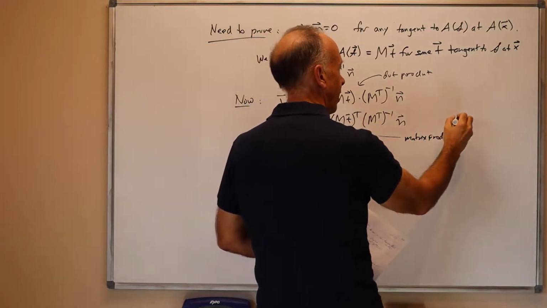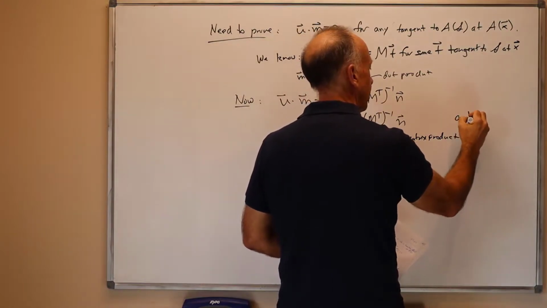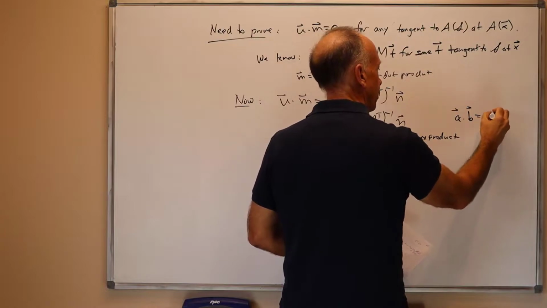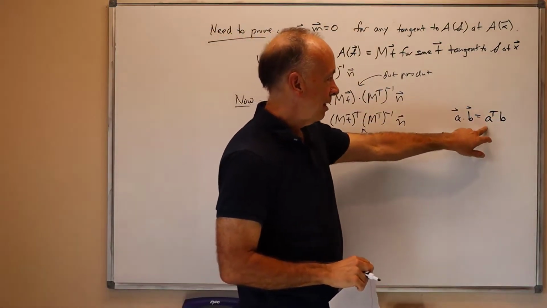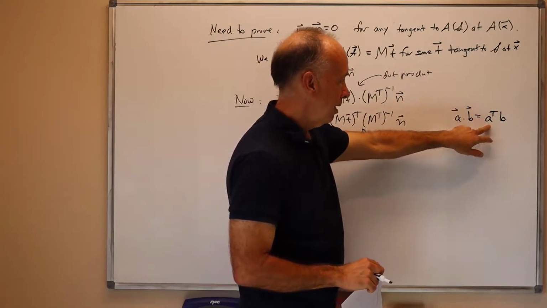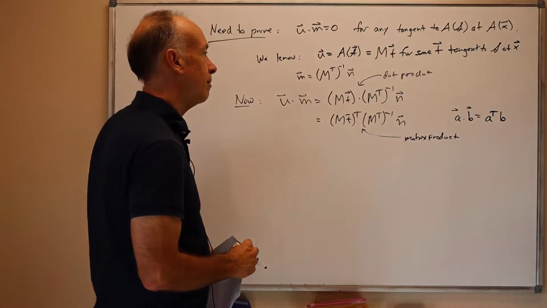And we're using here the fact that if you have general vectors A and B, that A dot B equals A transpose B, where we think of A transpose as being a 1×3 matrix and B being a 3×1 matrix.